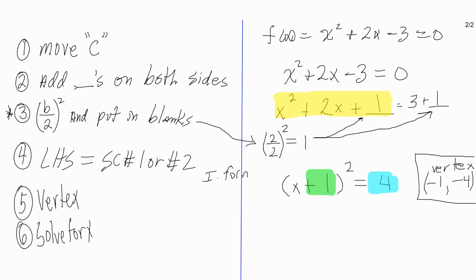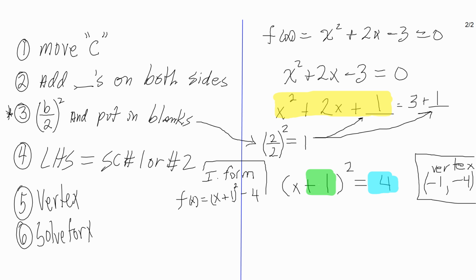They're going to ask for intercept form, which means f of x is equal to x plus 1 quantity squared, and then I bring that 4 over. That is called intercept form, because it's in the form f of x is equal to a times x plus h quantity squared plus k.